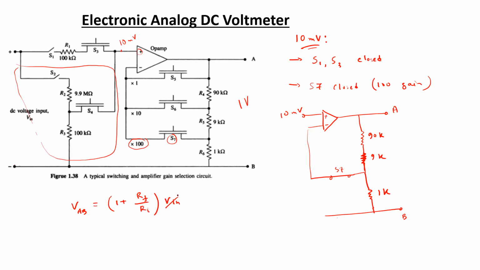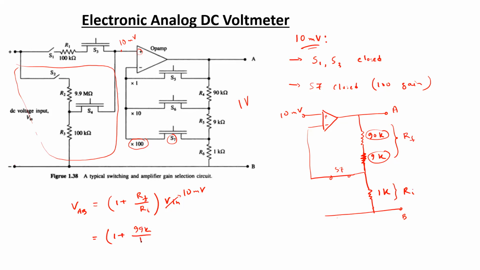So here V in is equal to 10 millivolt and 1 plus RF by RI. So here the feedback resistance RF is equal to the summation of this 90k plus 9k, so that is 99k, and the summation of these two is RF and this is RI.